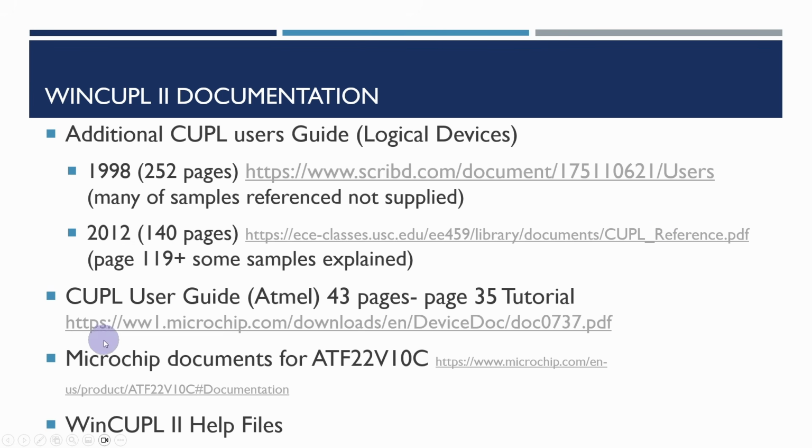There are still certain guides and things up on the Microchip Atmel pages, and there's obviously the documents under the chip definitions, and now the WinCUPL II help files have got most of this documentation as well. But it's always worthwhile having a look at some of the other documents, because sometimes there's things they cover that may not be covered in the same level of detail in later versions.